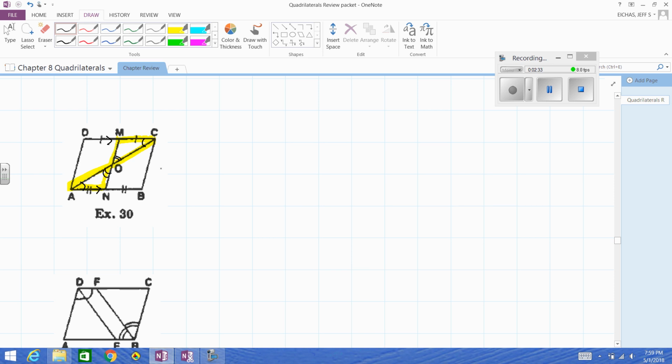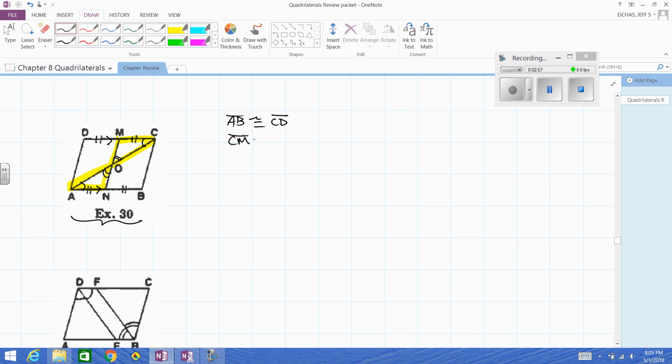We can get vertical angles. All right, so AB, this whole thing, is going to be congruent to CD. So their halves are going to be congruent.